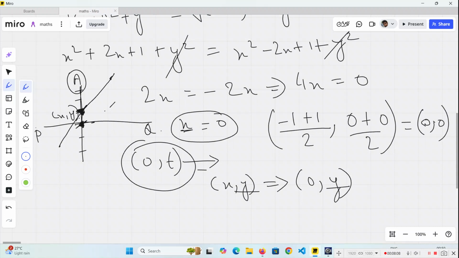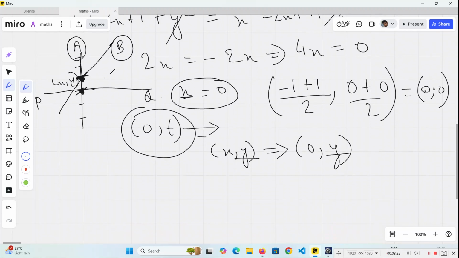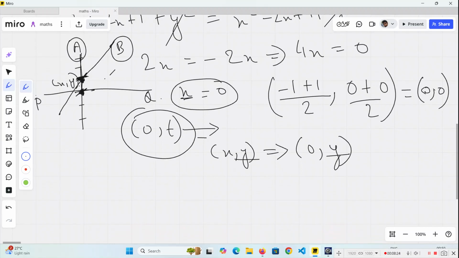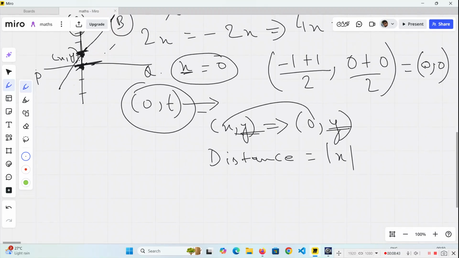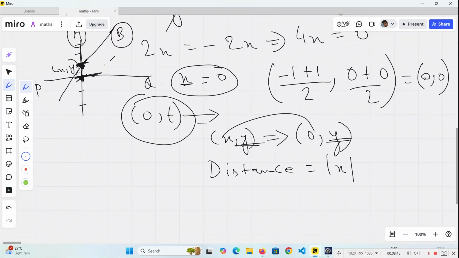The element on A will have the same y coordinate as this point on set B, so it is 0 comma y. So the horizontal distance will be 0 minus x, that is x. The distance will be the absolute value of x, mod of x.